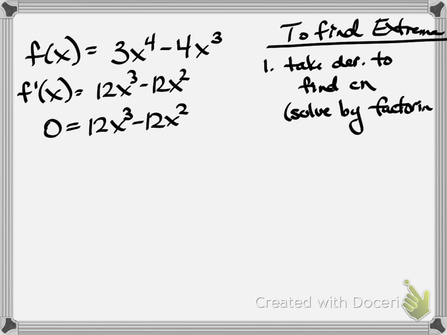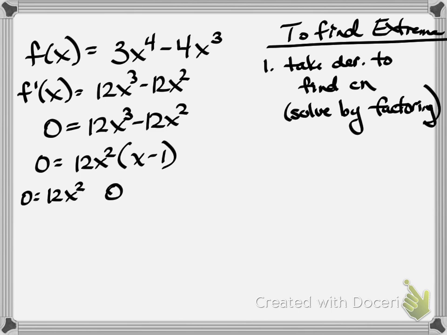Super important: we factor out the GCF and set those factors equal to 0. Divide by 12, take your square root, and since it's 0, there is no plus or minus. That just has a multiplicity of 2, if you might remember from last year. And this other one, you set equal to 0 and solve. So we have two critical numbers.